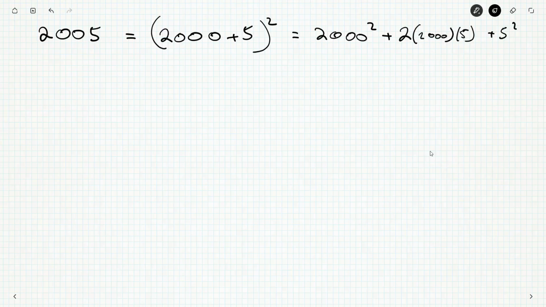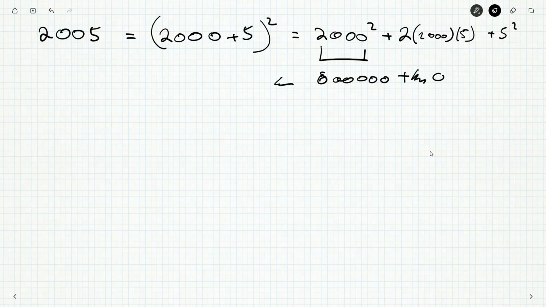I don't really care what 2,000 squared is, it's going to be something and a bunch of zeros. And over here, the 2 and the 5 mean that we're going to have something and then more zeros, not quite as many as before. And then the 25 at the end. So the double zeros don't add up to anything, and 25 is going to be the 2 final digits.